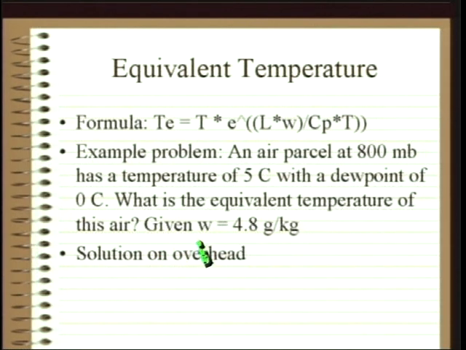And we need to know what the mixing ratio value is, so we're given that the mixing ratio is 4.8 grams per kilogram. And these constants here, we have the w here, which is the mixing ratio. L is that latent heat value. Cp is a constant, at constant pressure gas process, and then times the temperature.